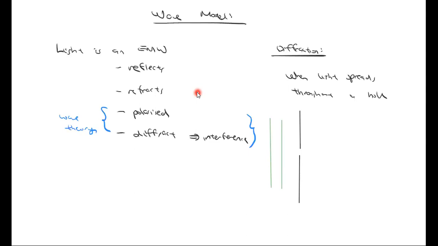Then a tiny portion passes through and the rest is blocked. But what actually ends up happening is that it will spread out this way. How much it diffracts is measured by the diffraction angle.